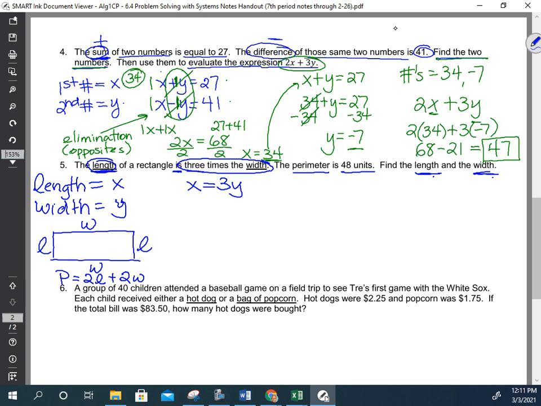So P is going to be 48. L means length, and we're using x for that. So 2 times x plus 2 times, instead of w, we can use y. There you go.